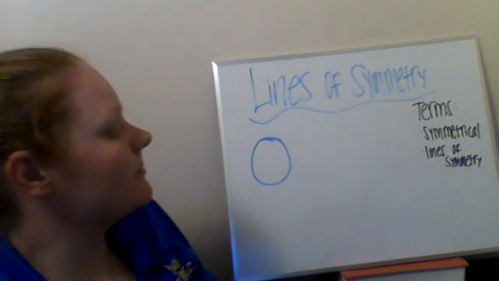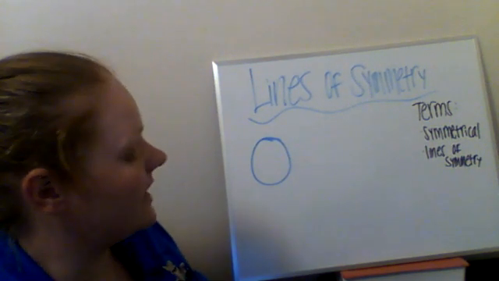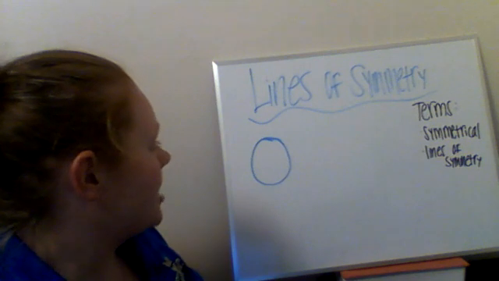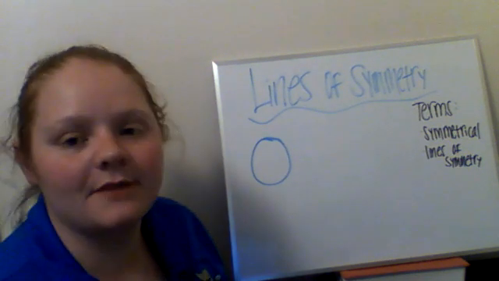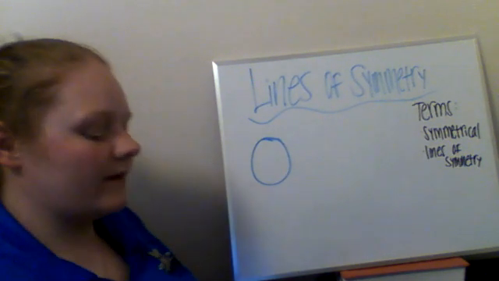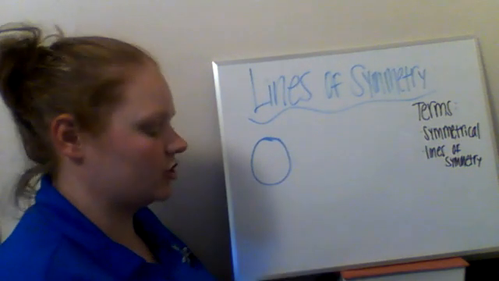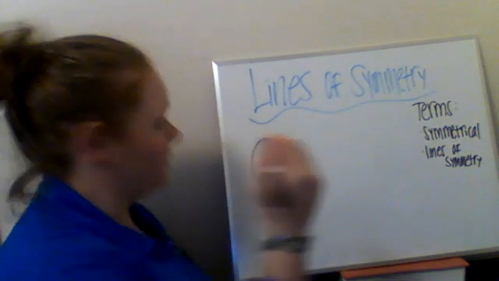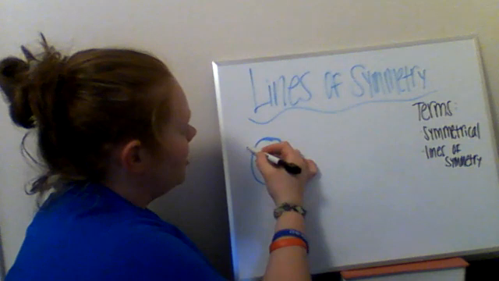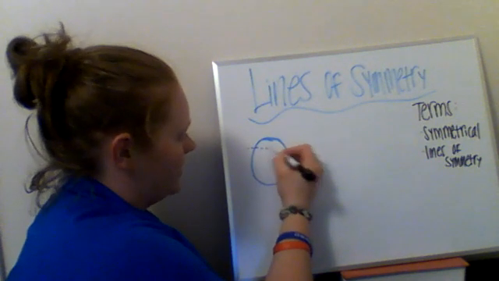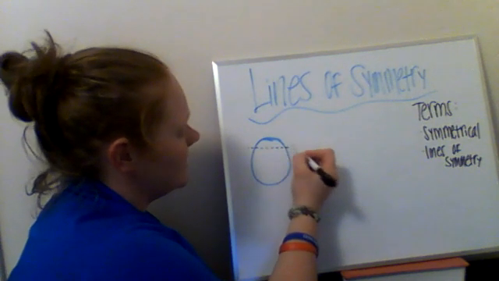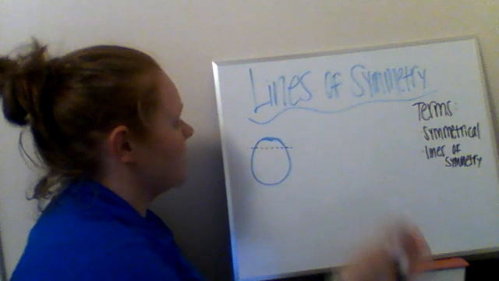Remember, a shape is symmetrical if it has a line of symmetry. So I'm going to experiment with this circle a little. I'm going to use a black marker so you know what I'm doing. If I draw a dotted line right here, this dotted line means that I'm going to fold this shape.